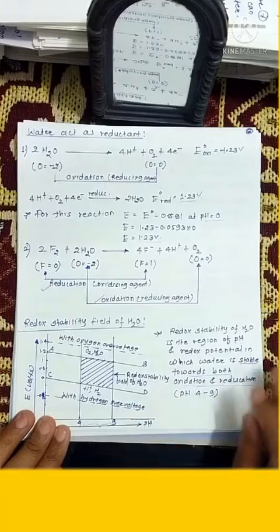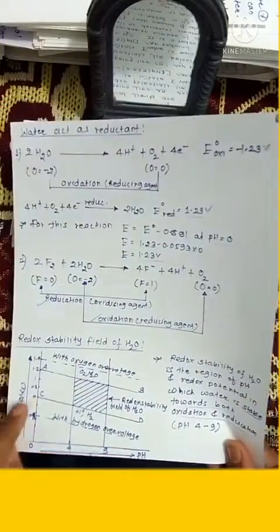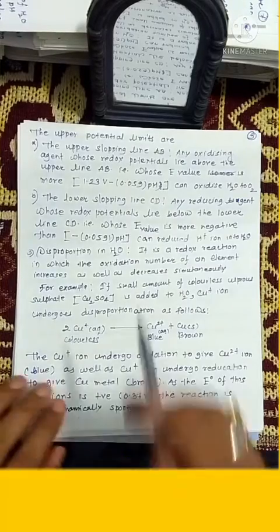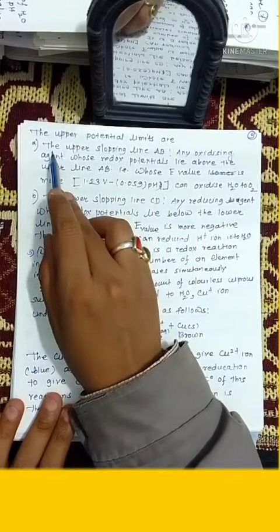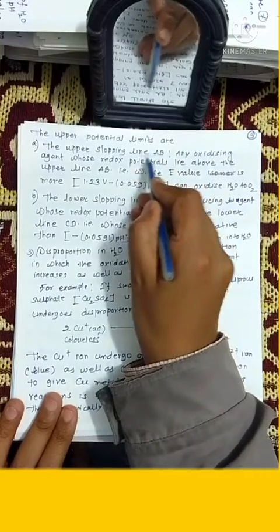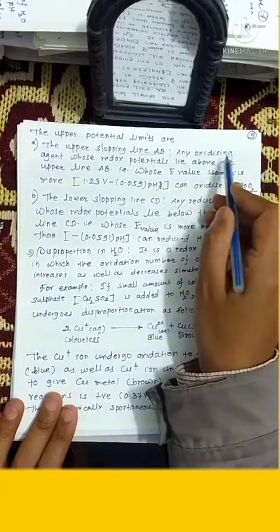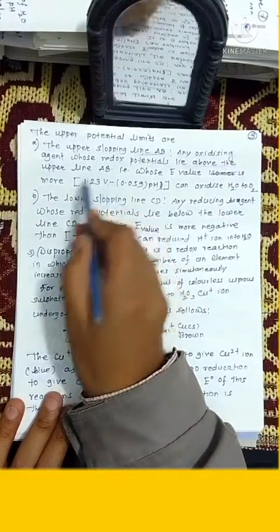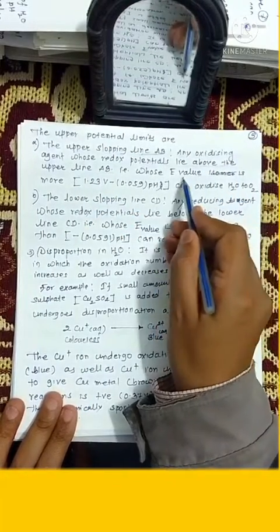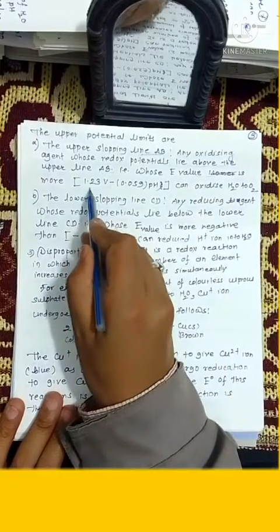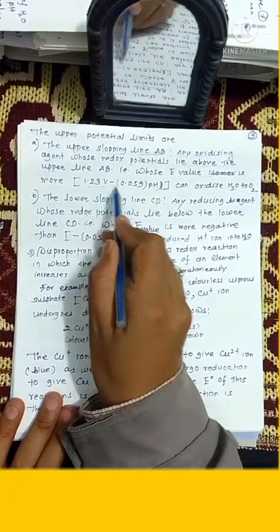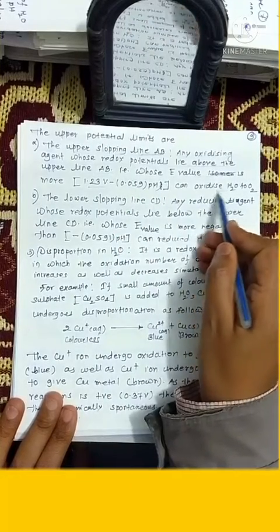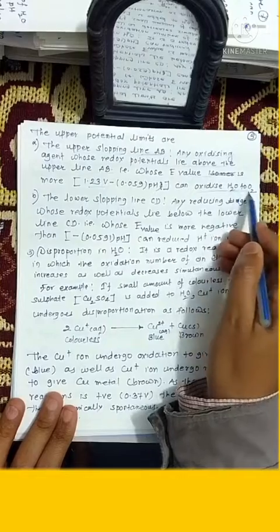What is the meaning of these two lines? The upper potential limit is the upper sloping line AB. What it tells us is that any oxidizing agent whose redox potential lies above the line AB, that is, whose E value is more than 1.23 volt minus 0.059 pH, can oxidize water to oxygen.